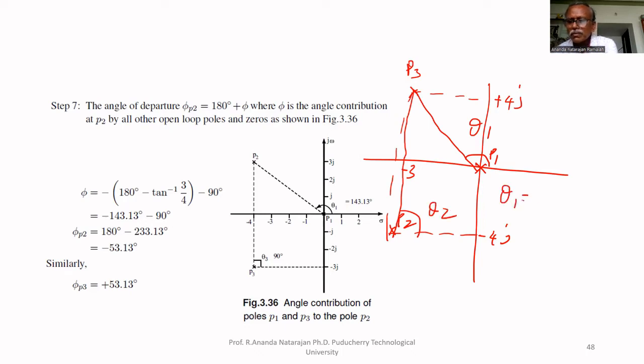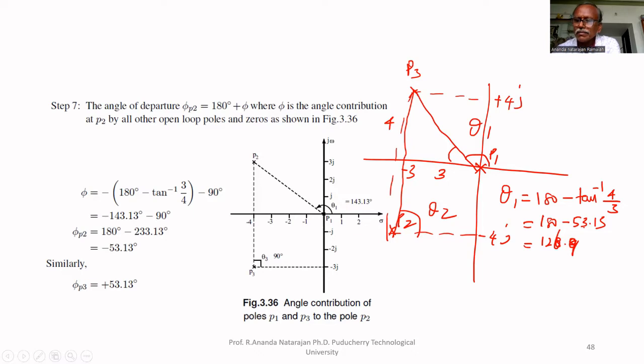Theta 1 equal to 180 minus tan inverse of 4 by 3, that is equal to 180 minus 53.13, that is equal to 126.9.